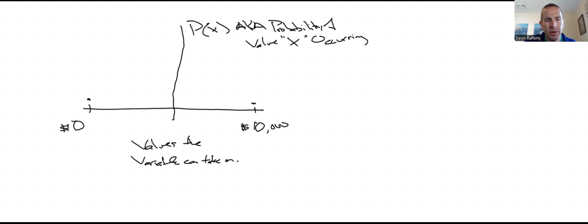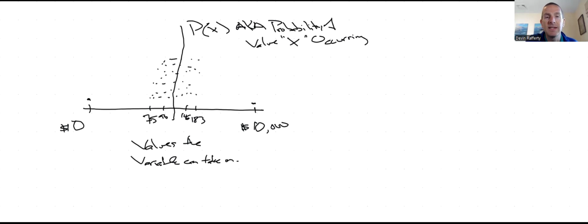Let's just put this in here. 183. What about 75? What about 90? What about 146? What's the probability of all those values happening? Well, it's probably high, right? You probably see IBM stock be worth 146, 183, 90, 75. So you're going to see a lot of observations there.